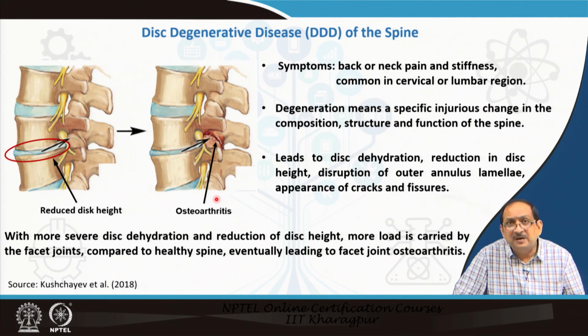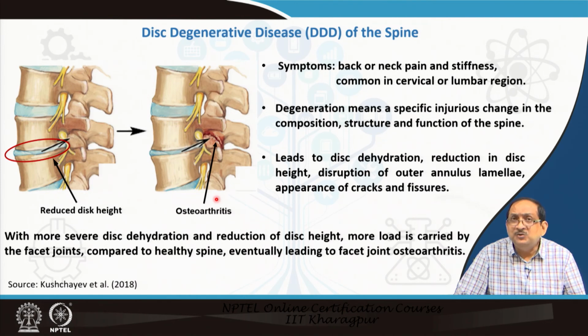With more severe disc dehydration and reduction in disc height, more load is carried by the facet joints as compared to the healthy spine, eventually leading to facet joint osteoarthritis.